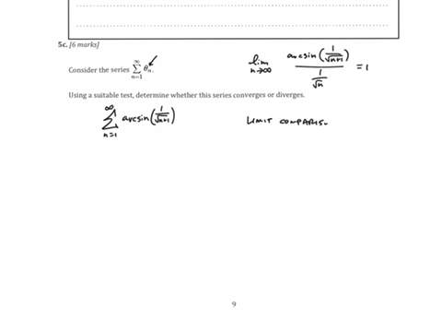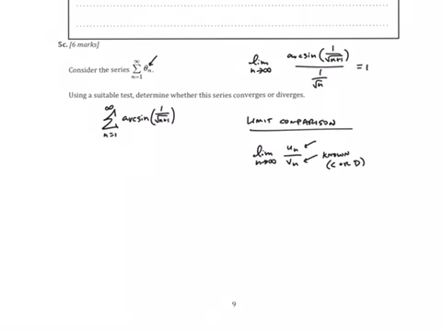Okay, limit comparison test. Let's do a quick once over on that. The limit as n goes to infinity of an unknown sequence over a known sequence. So this is known, whether it's convergent or divergent, I get to choose that.